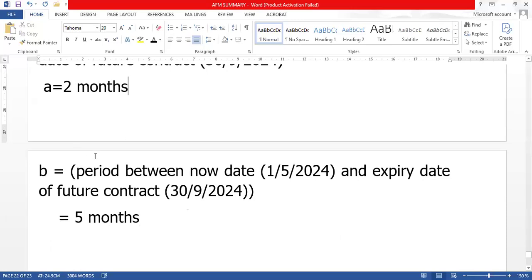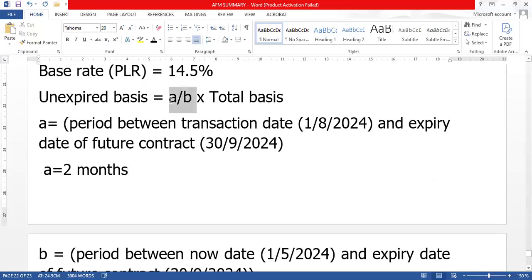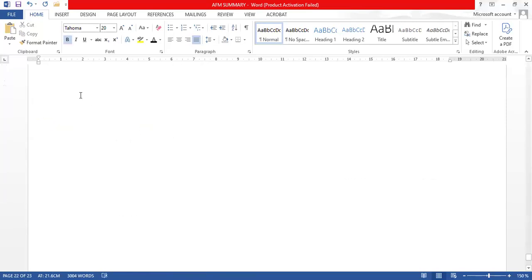So now here you have A over B. Then do you have the total basis? How do you get the total basis?